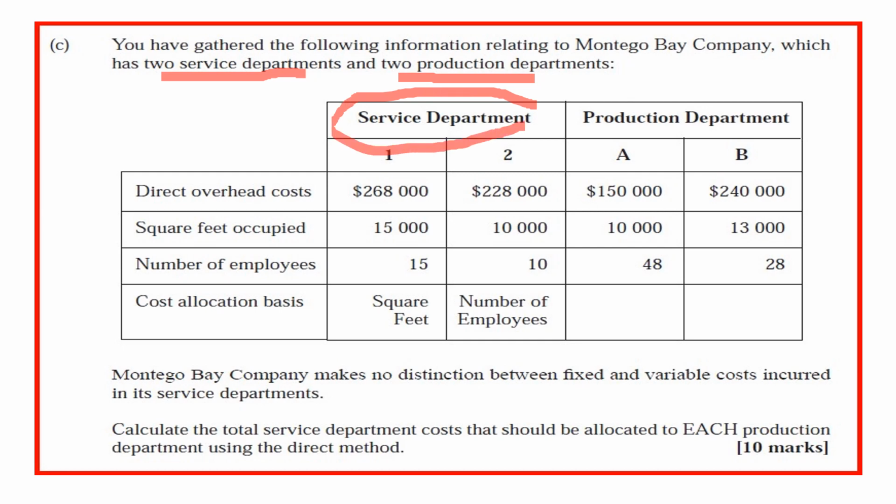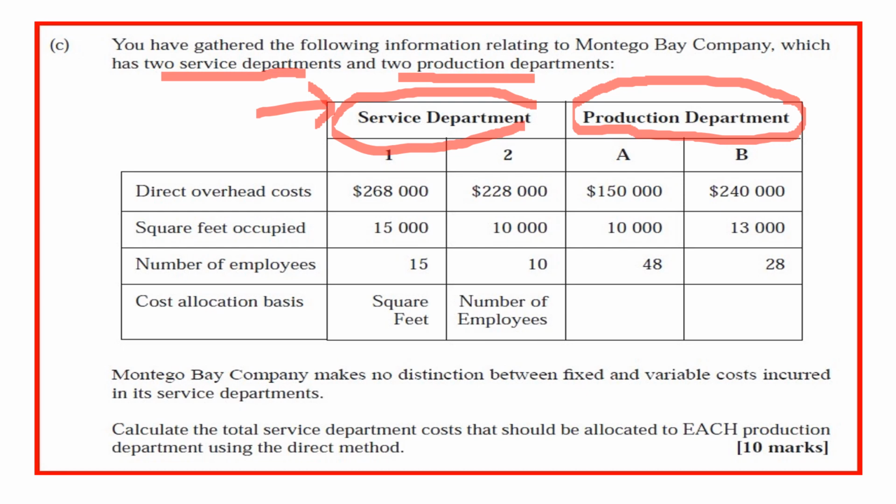and here. Now this normally gives students a lot of problems. Service department costs. What really happens is that the units that are produced in the factory do not pass through the service departments, as they pass through these production departments here.